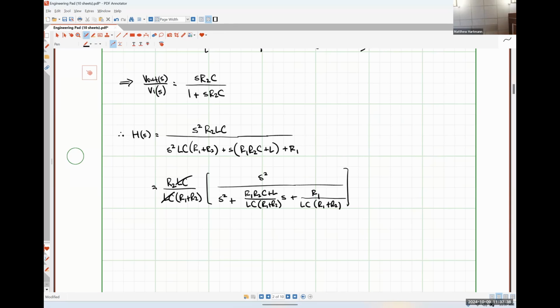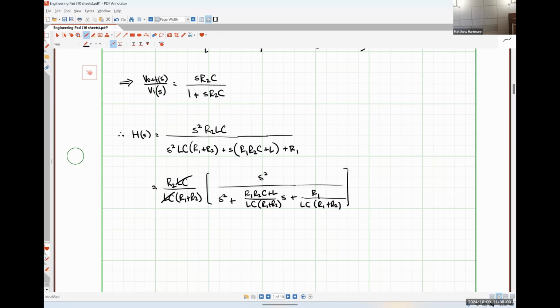If I multiply it through, that's why I'm putting in the denominator of the second term and the denominator of the third term. Effectively, yes.